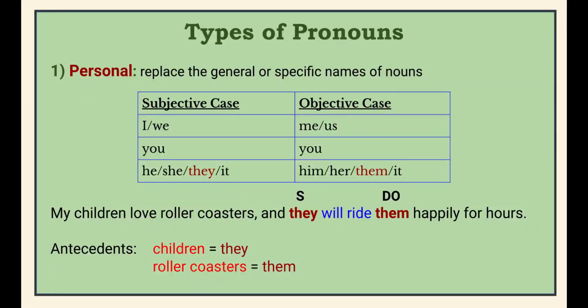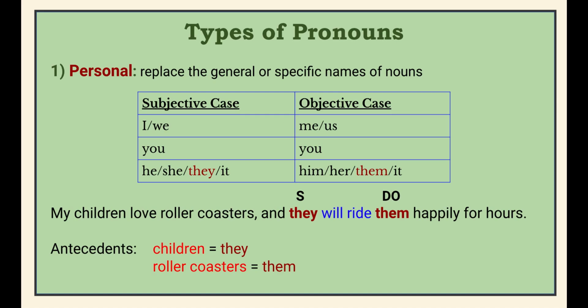Let's look at an example. In our example sentence, we have two pronouns, they and them. The pronoun they replaces the noun children, and them replaces the noun roller coasters. Those are their antecedents. In the second clause, the pronouns serve two different purposes.